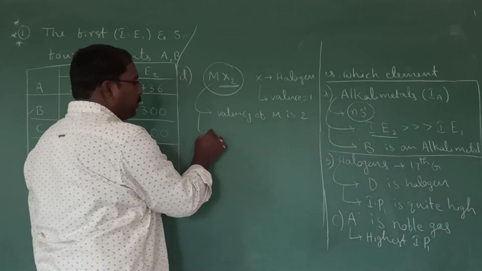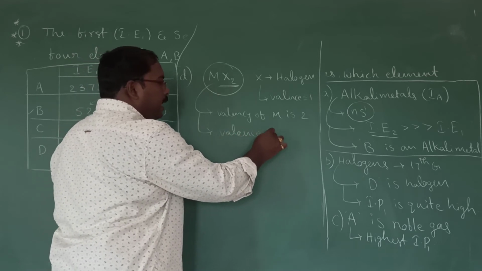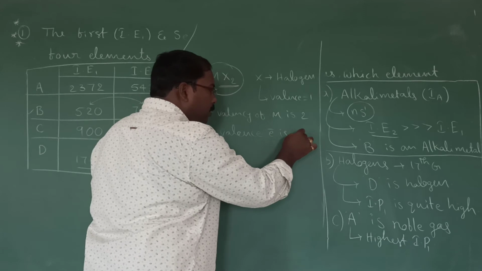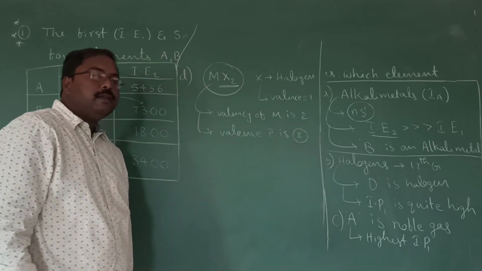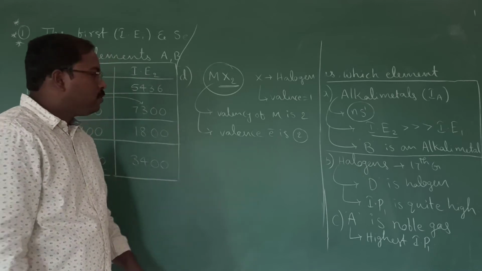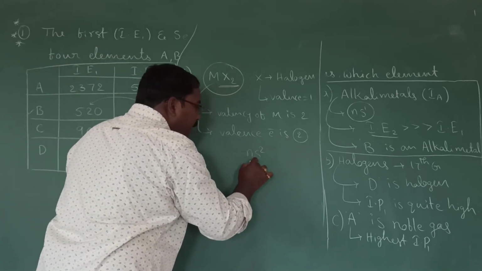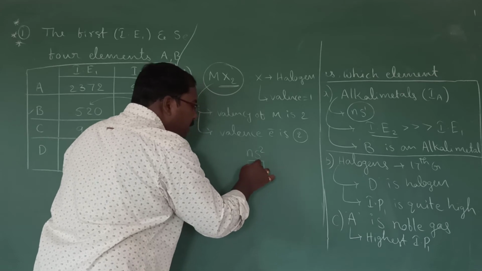Valency 2 means what? The number of valence electrons is 2. So in which group do elements have 2 valence electrons? Because 2 electrons are there, the electronic configuration will be ns2.